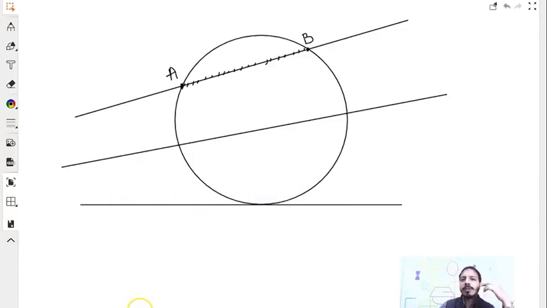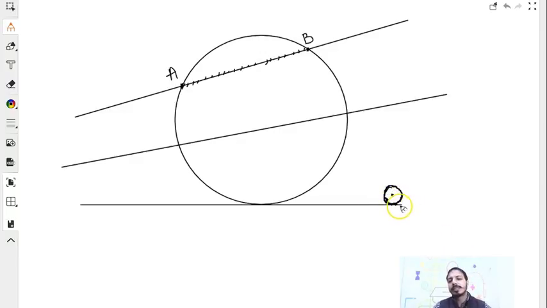If you want to visualize, you can think about cars, which have tires, or a bike with tires. When the bike or the car is running on the road, the road always seems to be in tangent with the wheel.